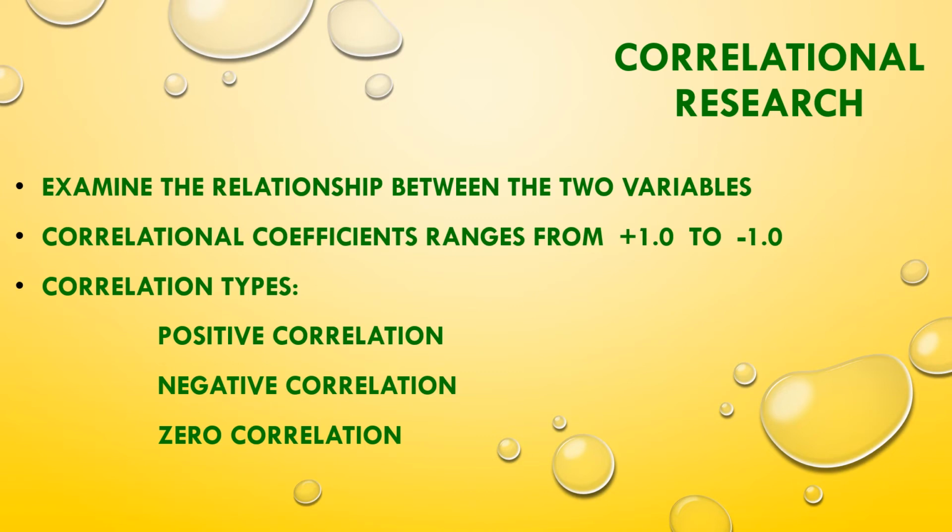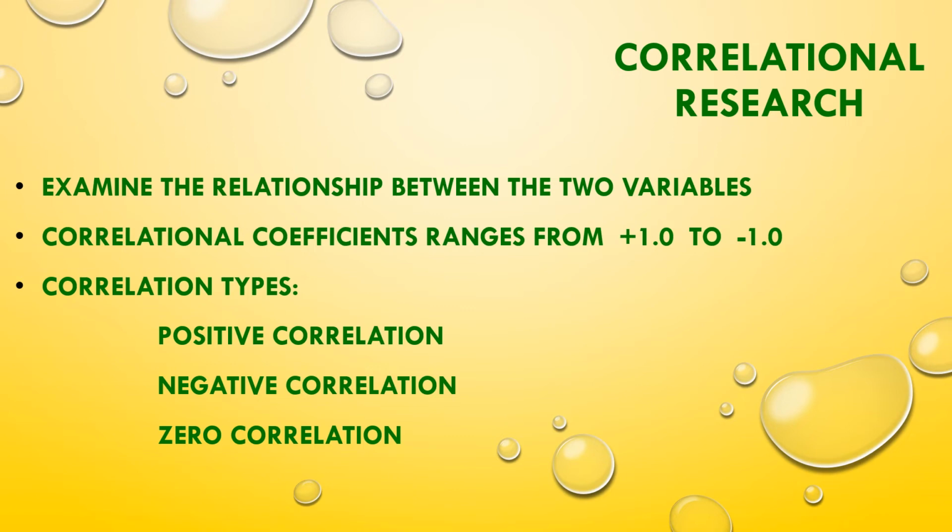So, it is a negative correlation. For example, hot chocolate sales increase as the temperature decreases. Or in the winter season, why do chocolate sales increase? This can be a question for correlational research.